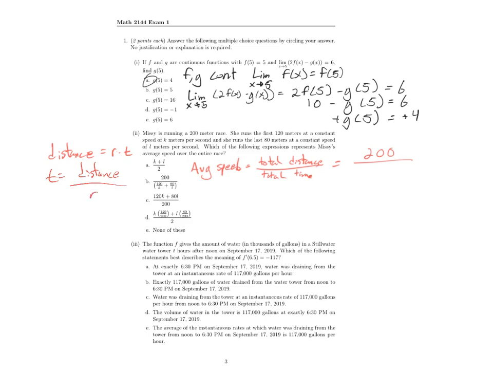What that means for us is that for the first part, the time it took her, we'll call this T1, was equal to the distance she ran, which was 120 meters, at k meters per second. So this means that it took her 120 over k seconds to run the first leg of the race.